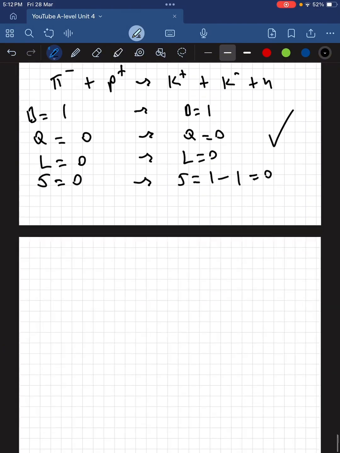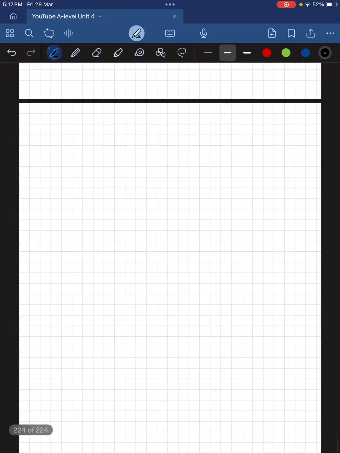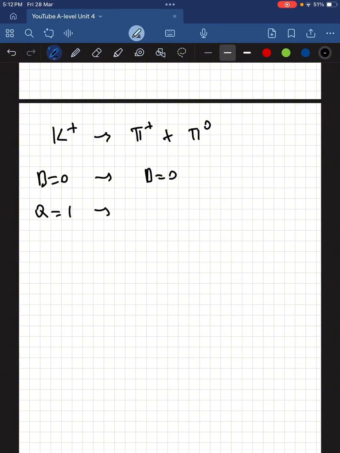Now let's see another example: the decay of a positive kaon into a positive pion plus a neutral pion. The baryon number is 0 before and after. The charge is 1 before and after. The lepton number is 0 before and after. But the strangeness is 1 before and 0 after.